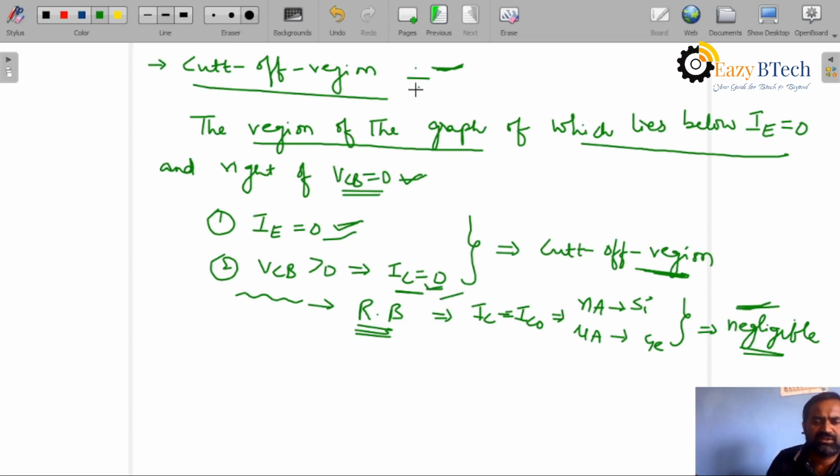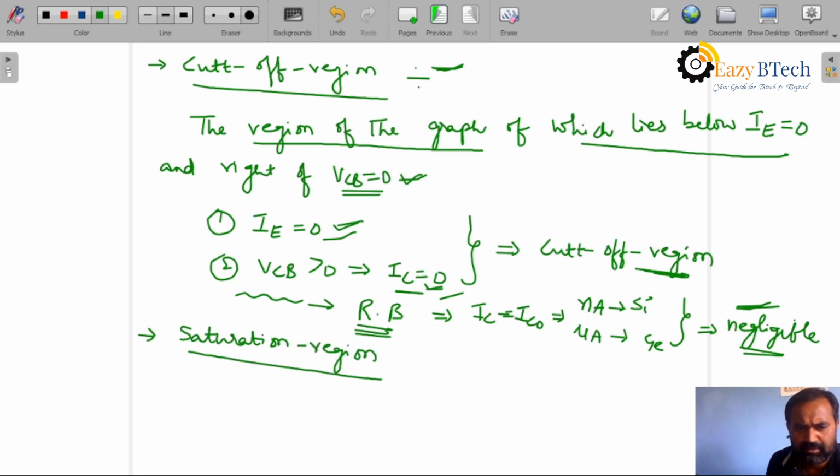Okay students, next region we have is the saturation region. In this saturation region, both junctions are in forward bias.